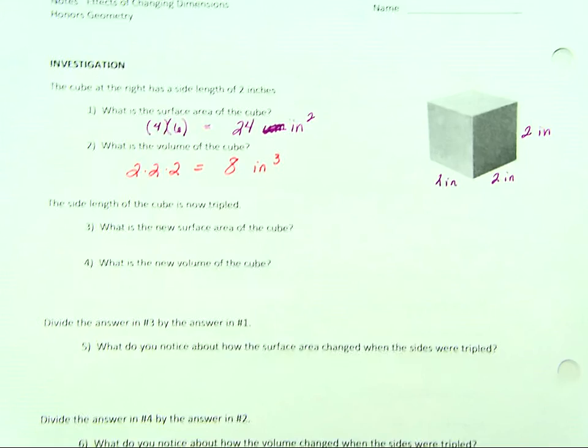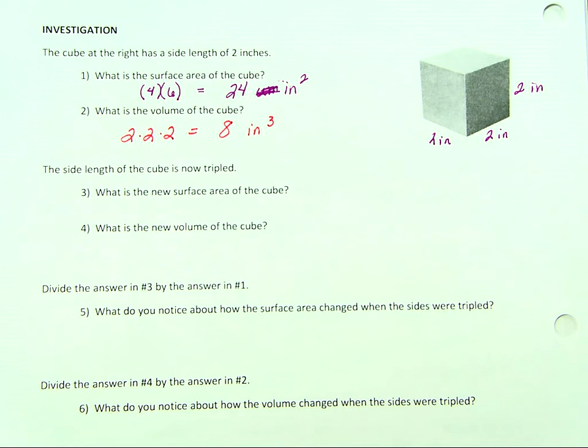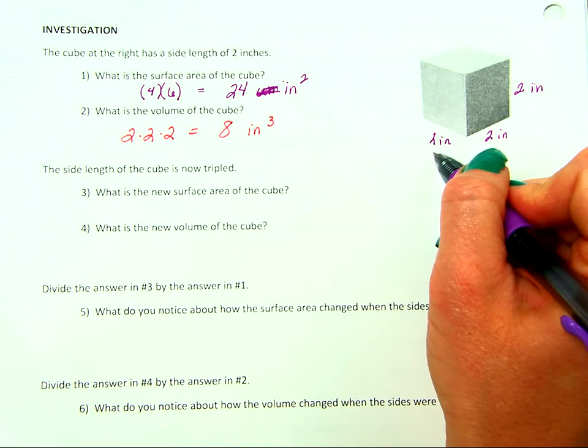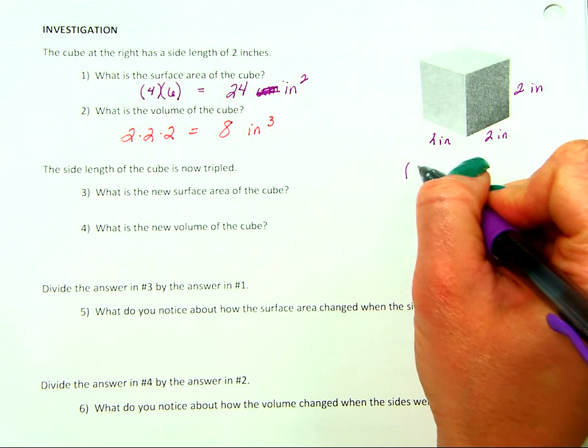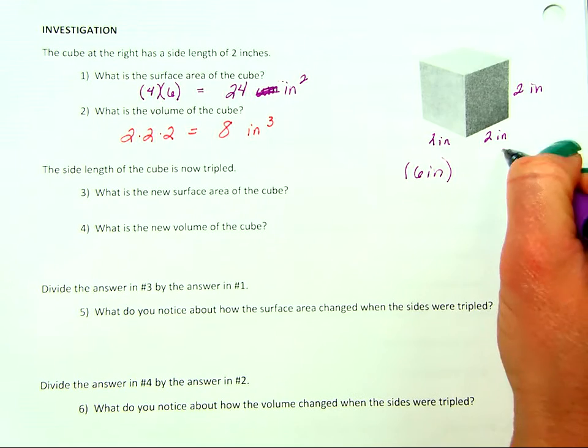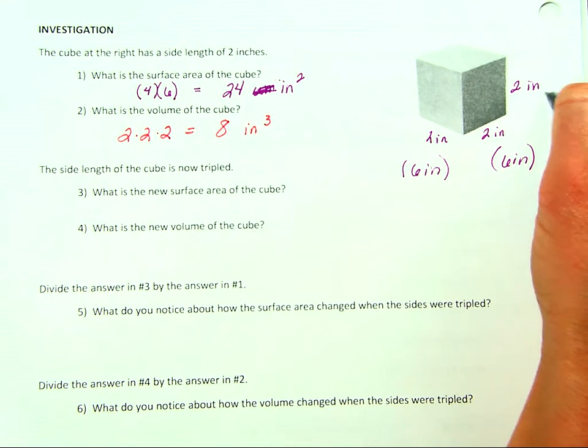Looks good. In the second part, it says the side length of the cube is now tripled. What is the new surface area and what is the new volume? So if my side length is tripled, times 3, this would now be 6 by 6 by 6.